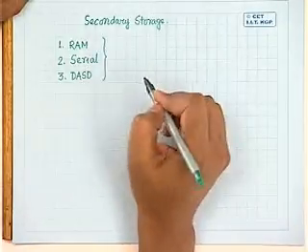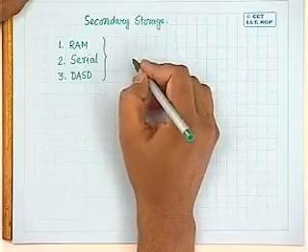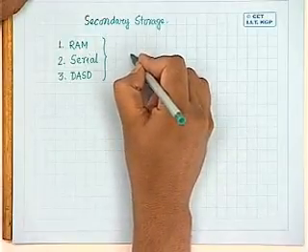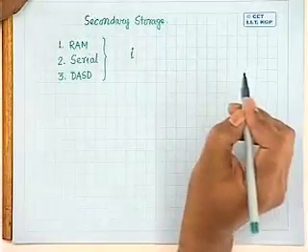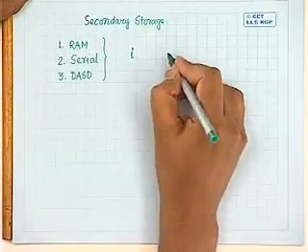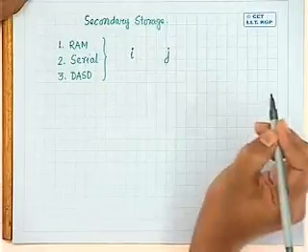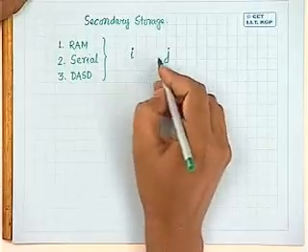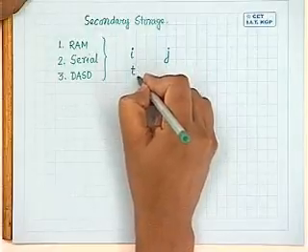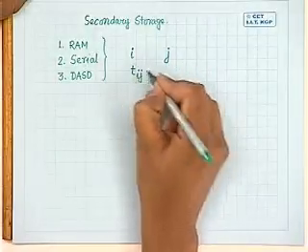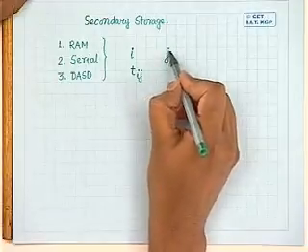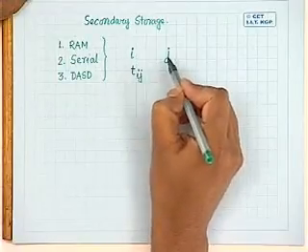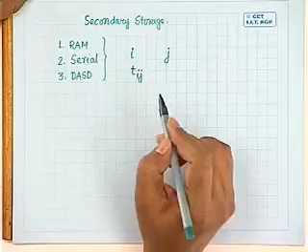Now, the categorization is done on the basis of certain criteria. That is, within a memory, if you are currently accessing a particular location or a particular record, let us call that currently we are accessing a record I. The next record that is to be accessed is the record J. Then the time taken to move from the ith record to the jth record, if we call that time Tij, that is, currently you are accessing record I, and the next record that we want to access is the record J. So to move from the ith record to the jth record, the time is Tij.